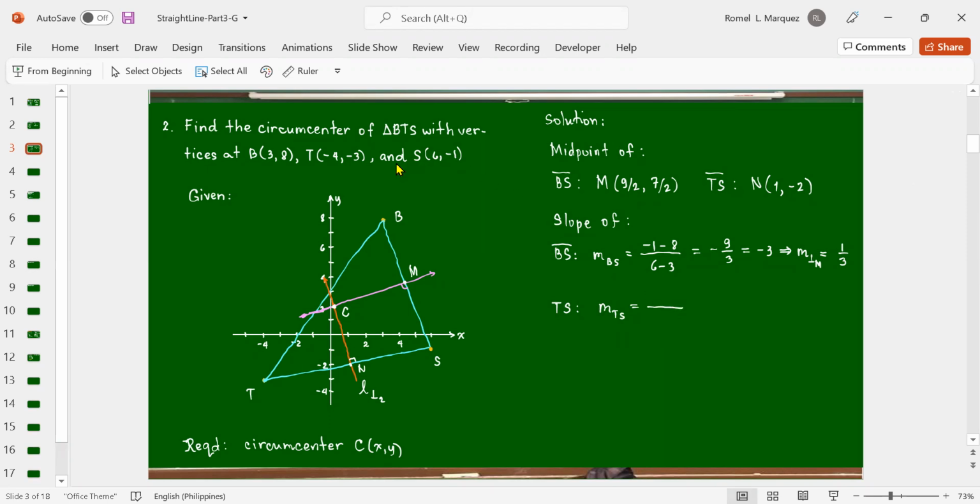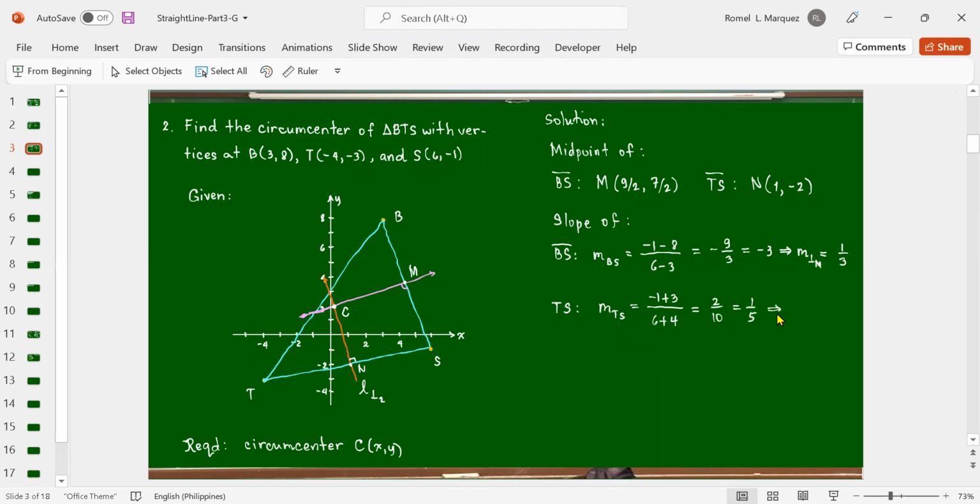So we have negative 1 minus negative 3 all over 6 minus negative 4. So that is 2 over 10, getting 1/5.